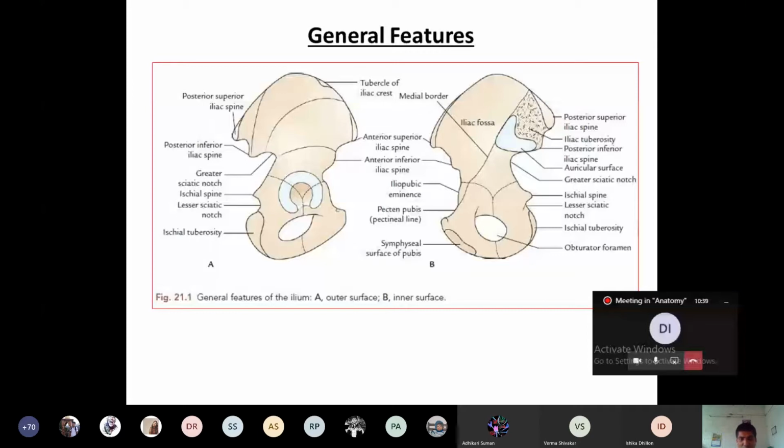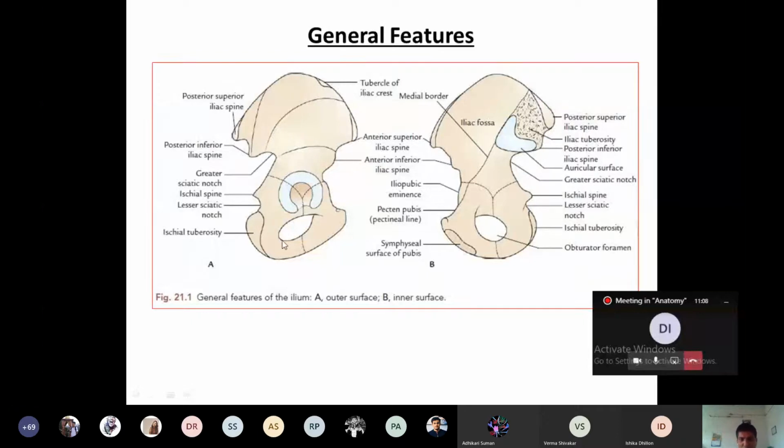The largest part is the ilium, the upper part, also called the blade of the hip bone. Another part is the pubis, present anteromedially, and the postero-inferiorly lying part is the ischium. This one is the ischium, this one is the pubis, and this one is the ilium.